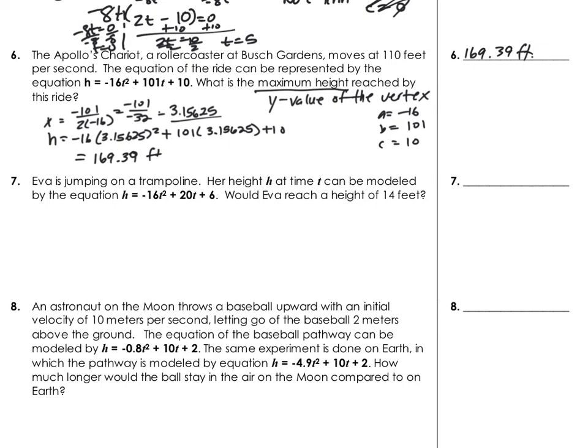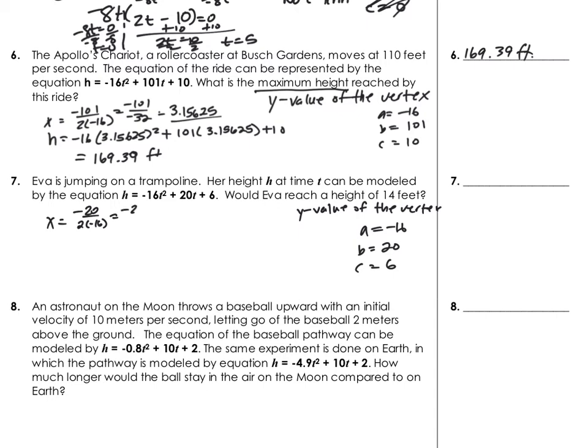So we're going to find the y value of the vertex again. A equals negative 16, B equals 20. C equals 6. We're not going to need C here. x equals negative 20 divided by 2 times negative 16.